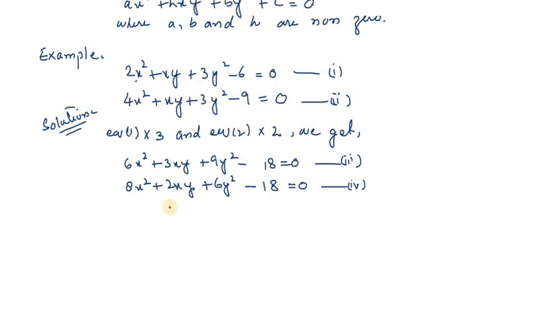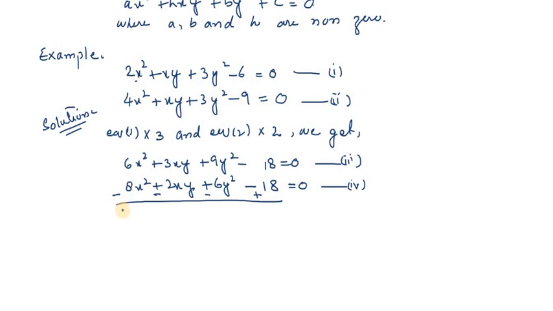Now subtract equation number 3 and 4. When we subtract the equation, the sign of equation number 4 will be changed.